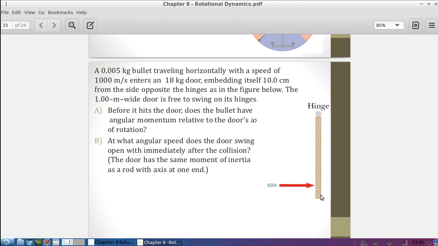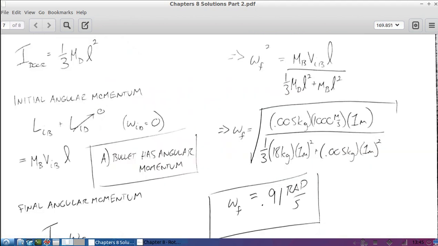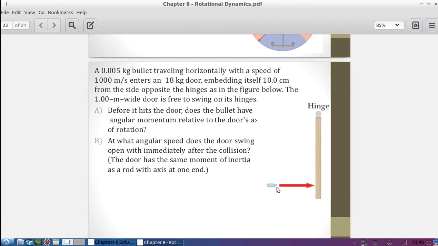But the bullet, as we talked about in part A, does have an angular momentum. Okay, and it's got an angular momentum of r cross p, mvr. Now I'm modeling this as the bullet just before it hits the hinge. For our purposes, the r vector and the p vector of the bullet can be perpendicular.